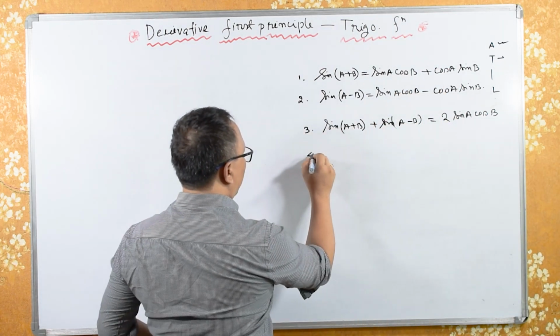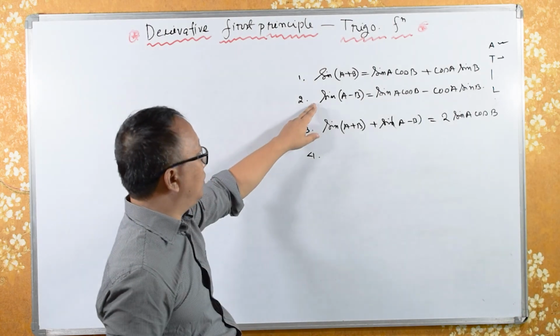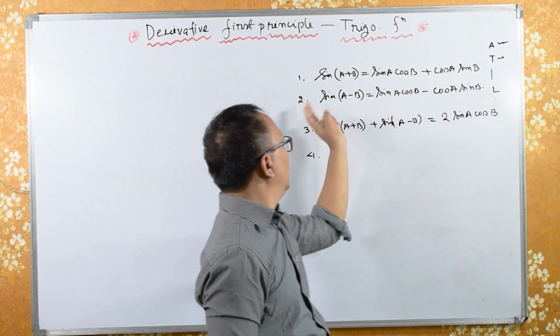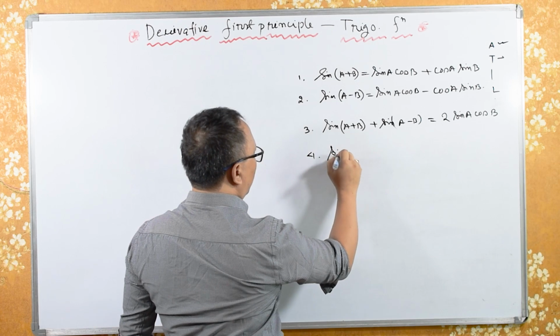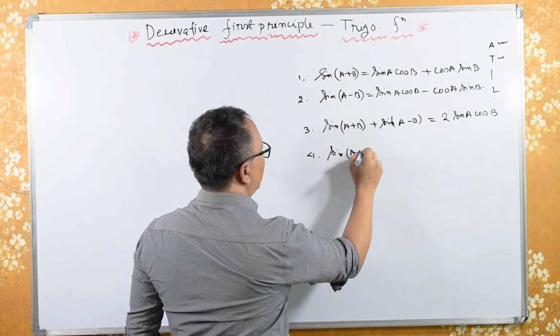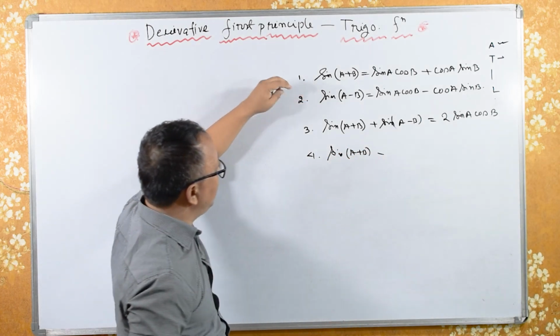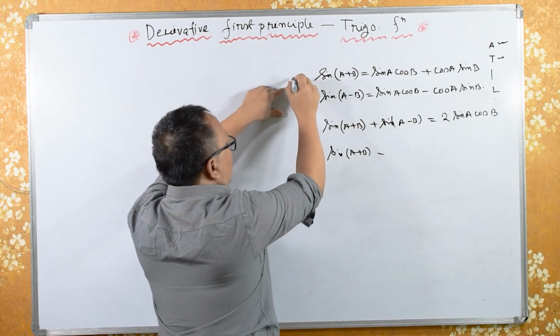Similarly, in number 4, if I subtract these two, meaning sine of a plus b minus sine of a minus b, I am giving minus over here.